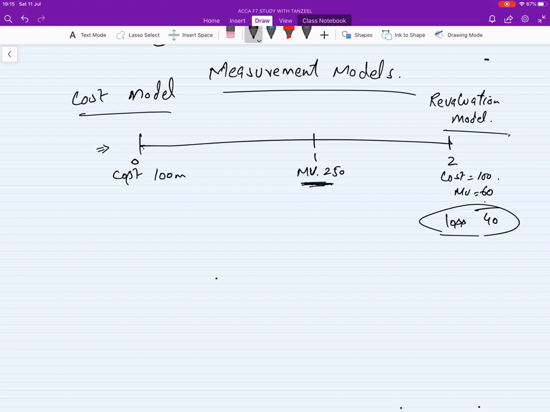So the director was like, the one you have in London increases to 250, and the one you have in Bolton and other areas has decreased in value. So let's start using the revaluation model for the best areas and the cost model for the other areas.